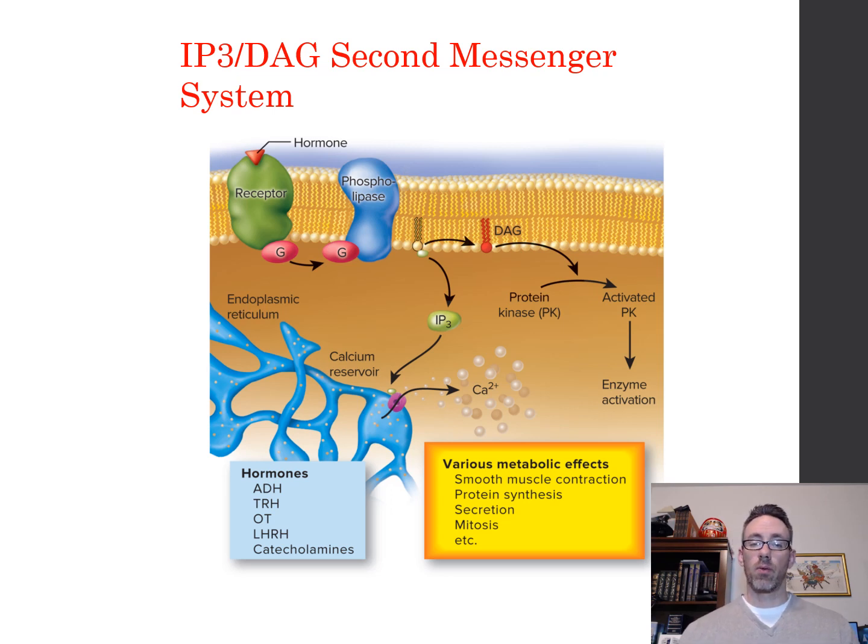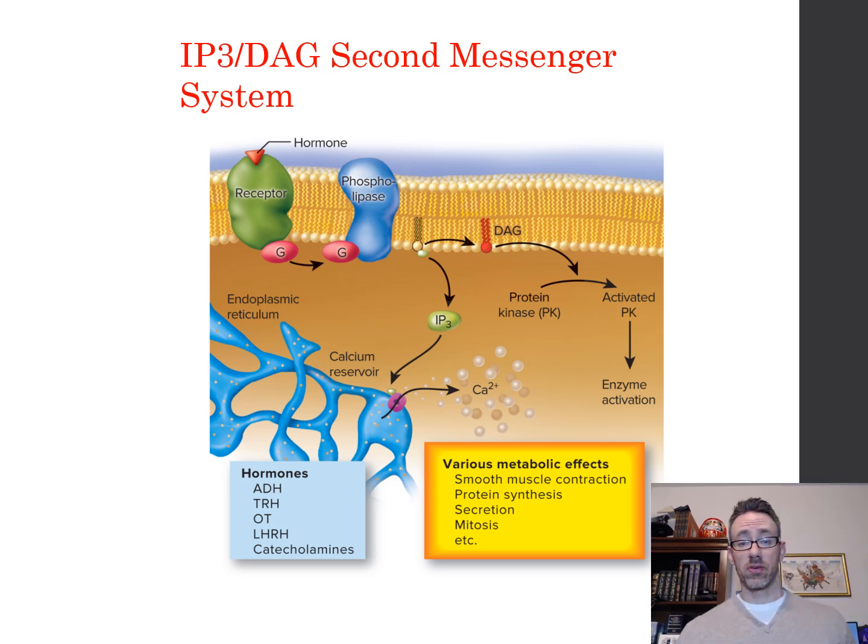And so when that hormone binds the receptor, again, it's G protein coupled, and we have that subunit, but this subunit now is interacting with a phospholipase enzyme, and the phospholipase actually cleaves one of our phospholipids that's actually in the membrane there and converts it into a diacylglycerol. And then there's an IP3, or inositol triphosphate, and the IP3 actually diffuses inside the cell.